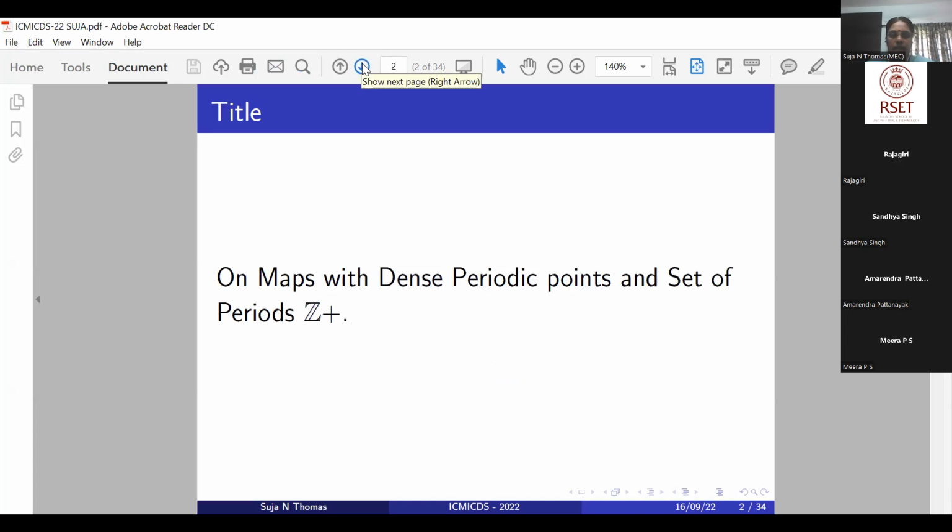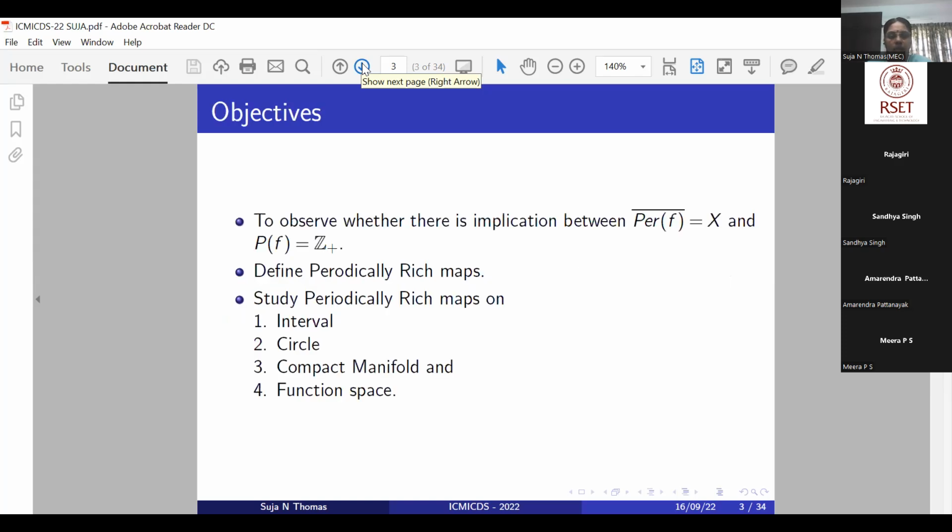The title of the paper is Maps with Dense Periodic Points and Set of Periods Z plus. The objective is to observe whether there is an implication between closure of Per(f) equal to X and P(f) equal to Z plus, define periodically rich maps, and study periodically rich maps on interval, circle, compact manifold, and function space.